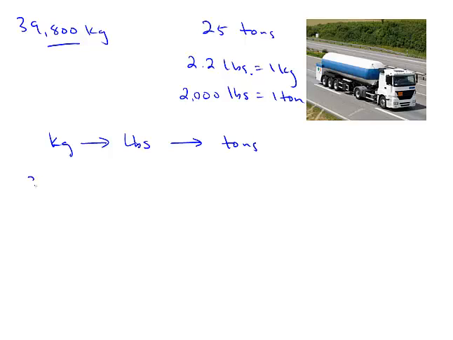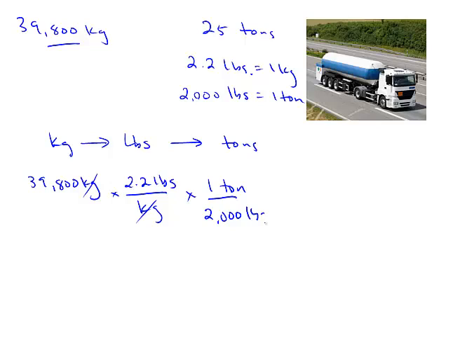So if we have 39,800 kilograms, we have 2.2 pounds per kilogram. That enables me to cancel my kilograms. And then we need to convert that to tons. We have 1 ton per 2,000 pounds.